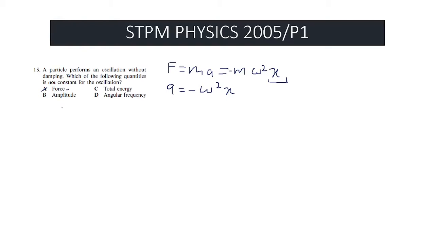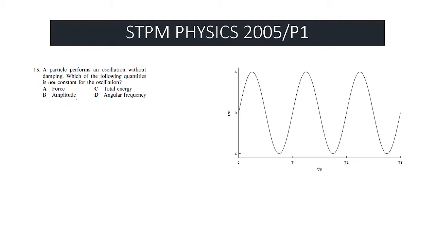Now we take a look at the B. This is the amplitude. If we draw a graph for the displacement x against the time t, this is the graph we will get, and the amplitude is defined by this maximum displacement from the 0 point.